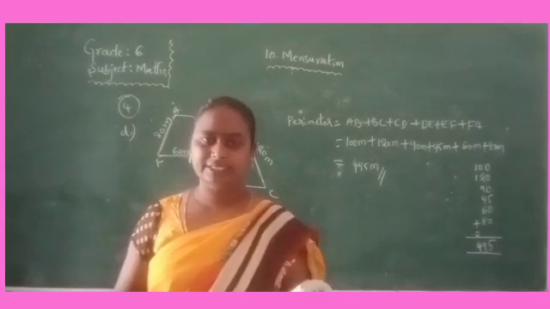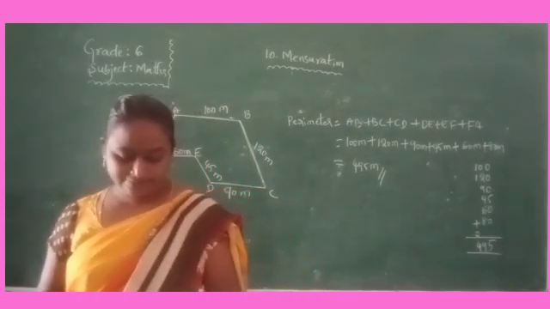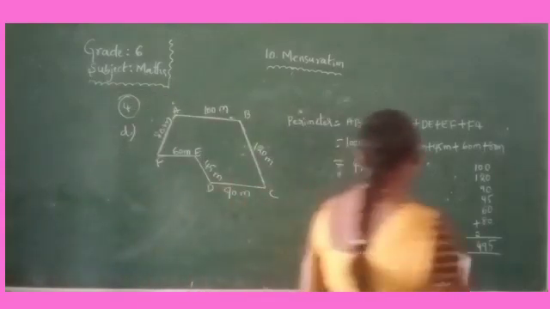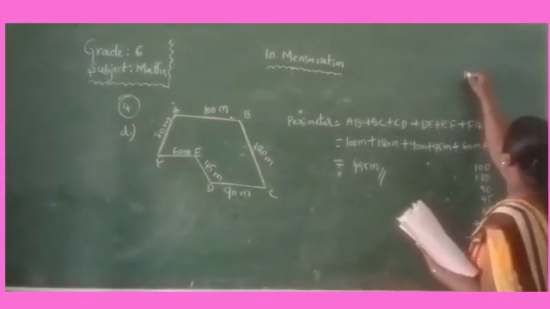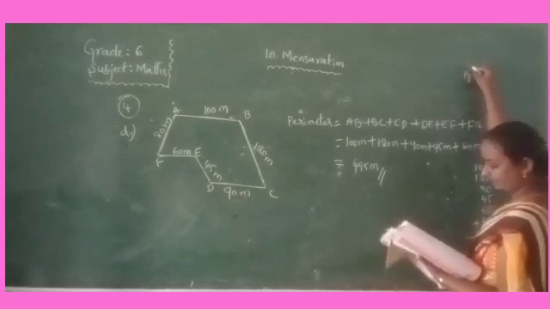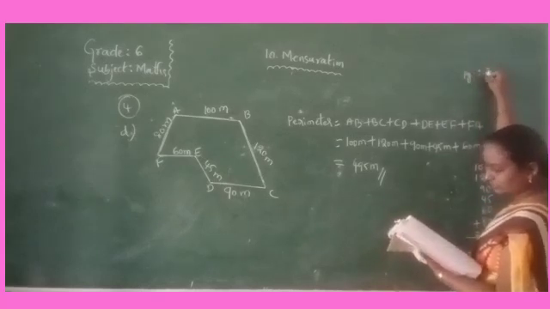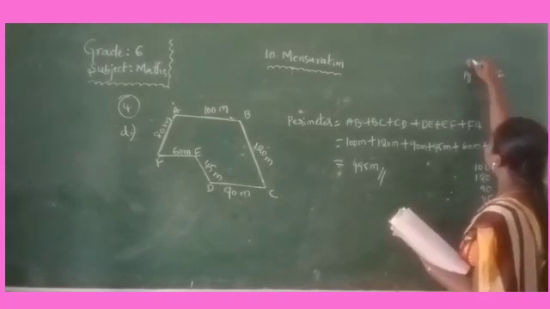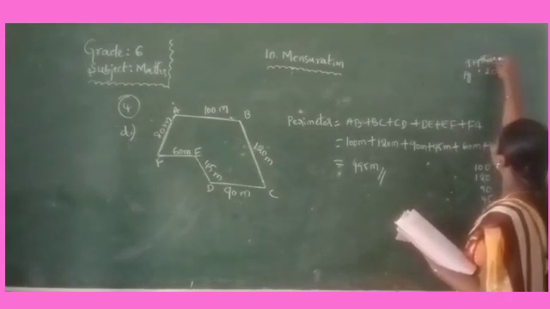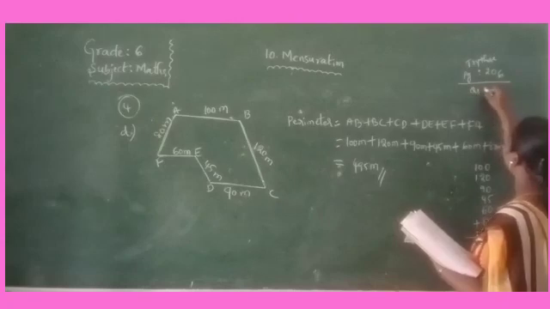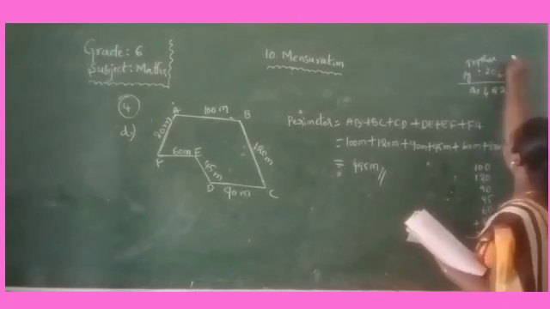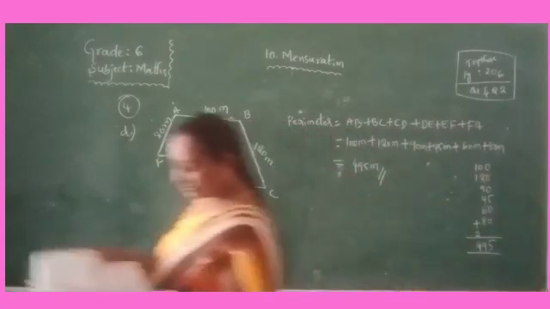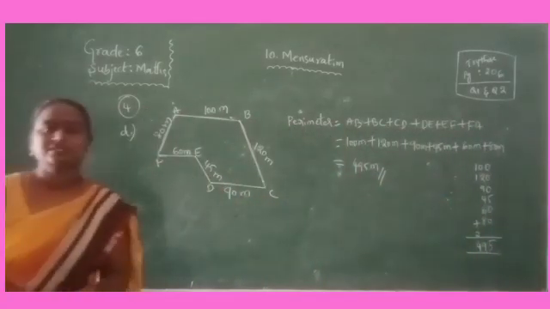Now I am giving you homework. Take the homework today, in chapter 10, page number 206. Try these problems, question number 1 and question number 2. We have to solve them.